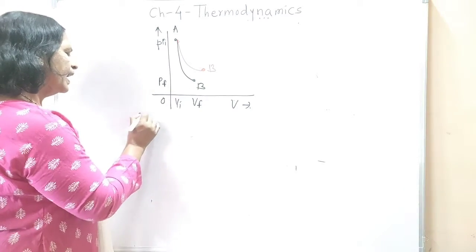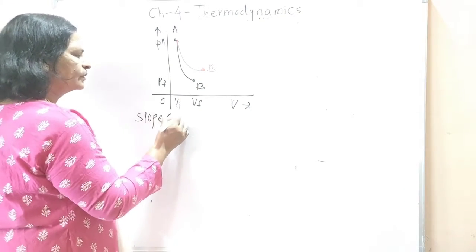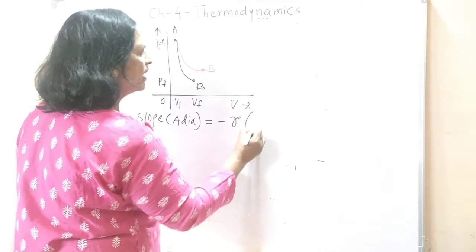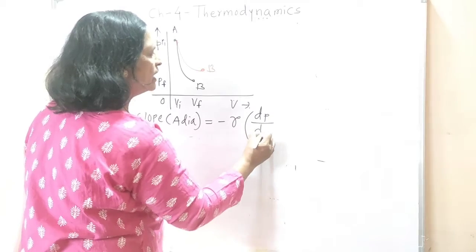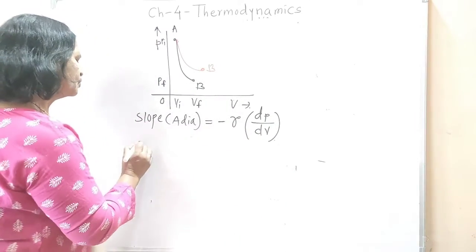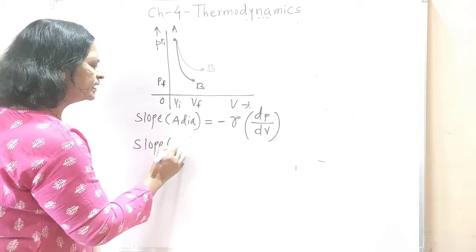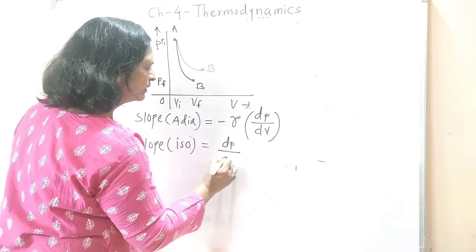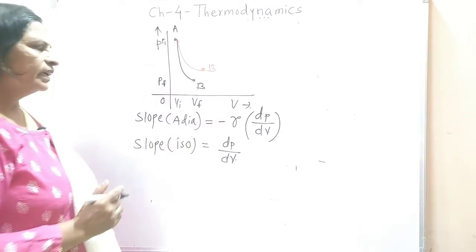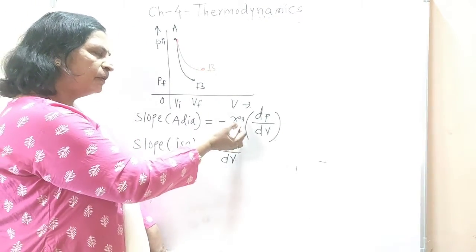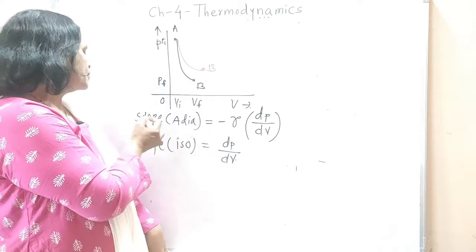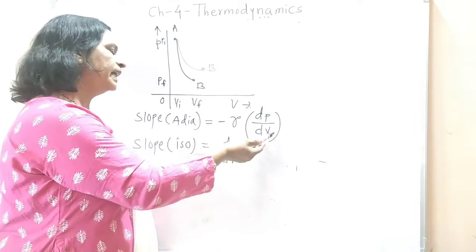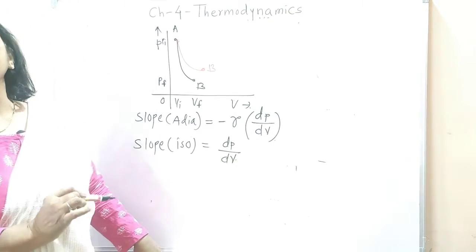The slope for adiabatic process is minus gamma into dP by dV, and the slope for isothermal process is dP by dV. Okay. Then if we consider the magnitude, the slope of adiabatic process is gamma times greater than the isothermal process.